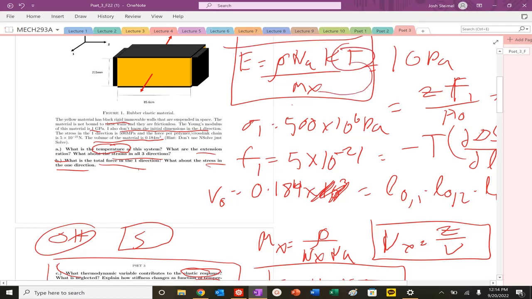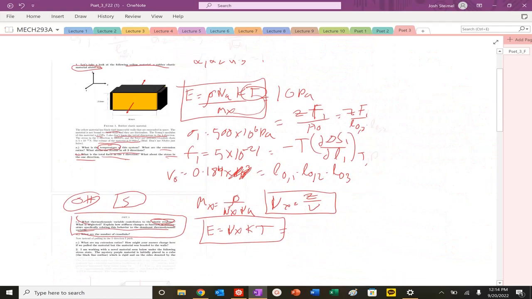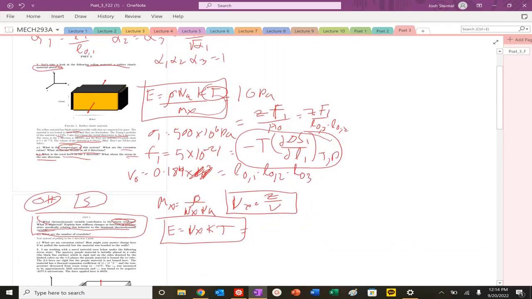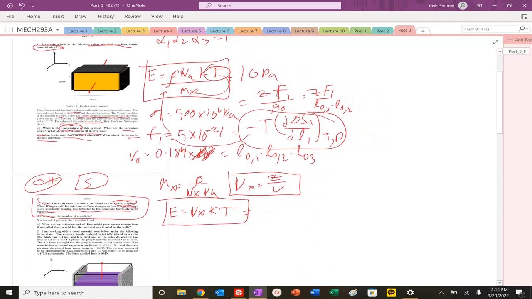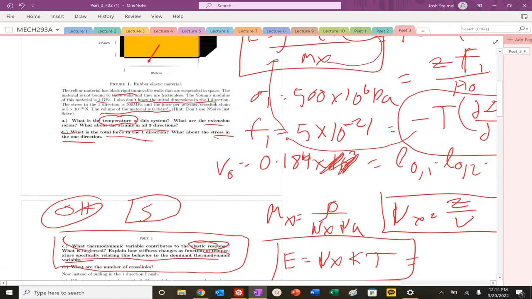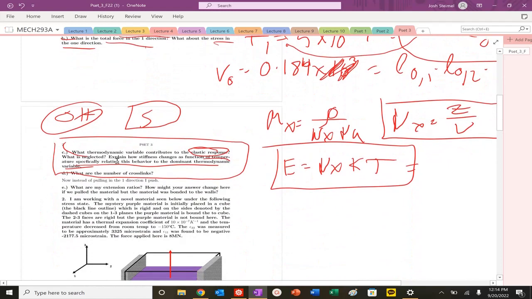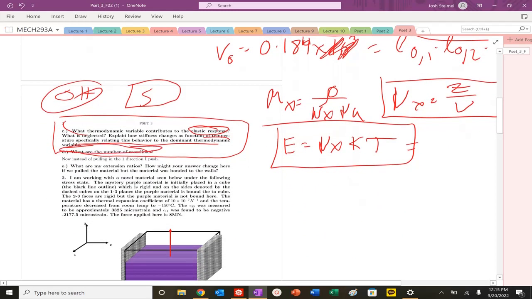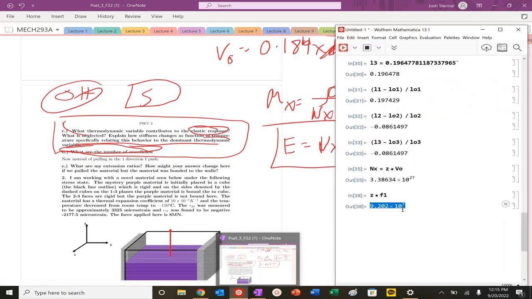We're also asked essentially how it's going to change as a function of temperature, our Young's modulus. And we know essentially those different variables and how they may change basically in here. So that is, again, the whole elasticity comes from an entropic spring-like restoring force. So make sure that you are able to suss that one out.